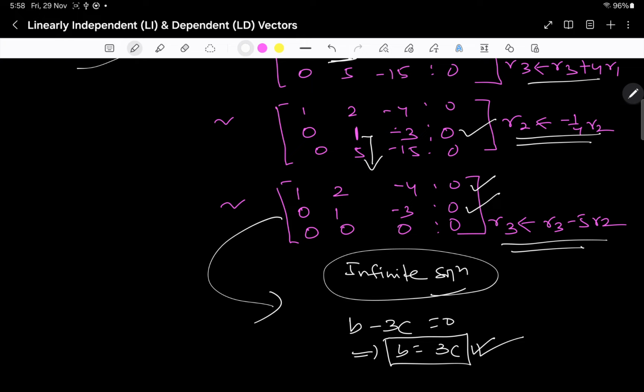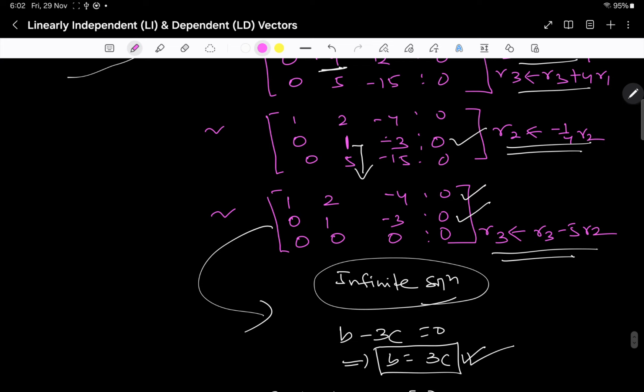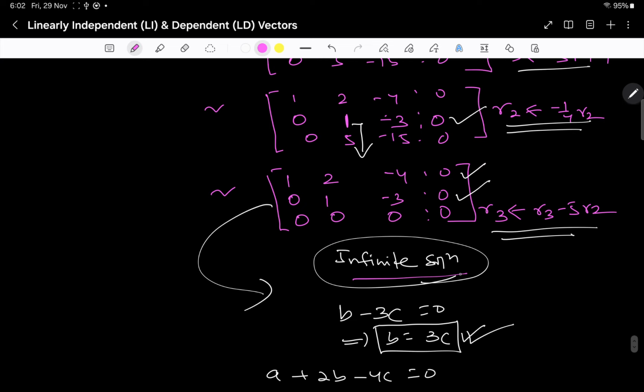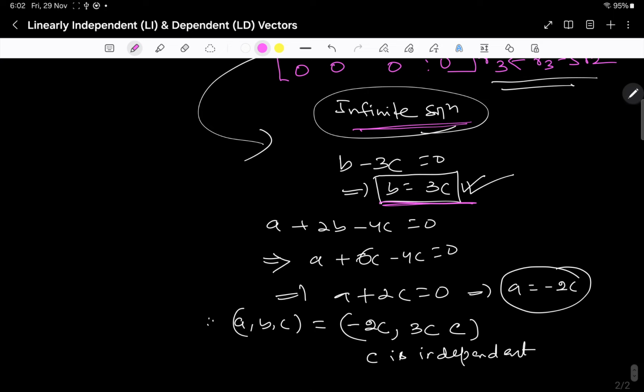Similarly here a will depend. Actually no need to simplify it. Infinite solutions means one variable has to be independent, whatever value you may choose. So now this row will give you b is equal to 3c, and if you simplify it, it will give a is minus 2c. So here a, b, c is like this, c is independent.